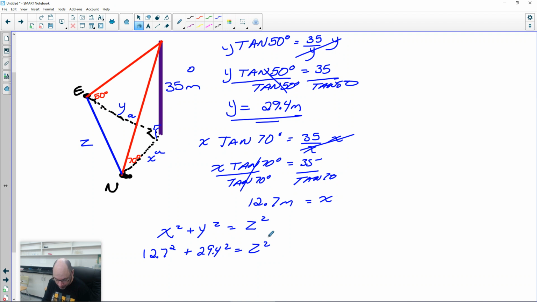squared. Okay, that's, oh, I cubed it. 12.7 squared, my cube button's very upset. That's 161.29, plus 29.4 squared, that's 864.36 equals our z squared.